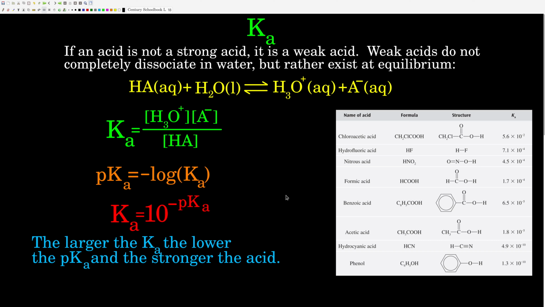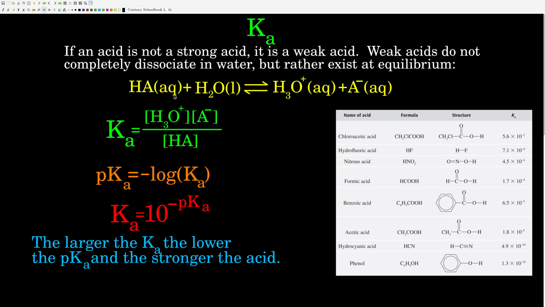So our generic weak acid equation looks like this. HA stands for proton and then acid, right? So an acid, and some of the molecules dissociate to make hydronium ion. It's donating a proton to water, forming the hydronium ion, leaving behind the conjugate base of the weak acid.